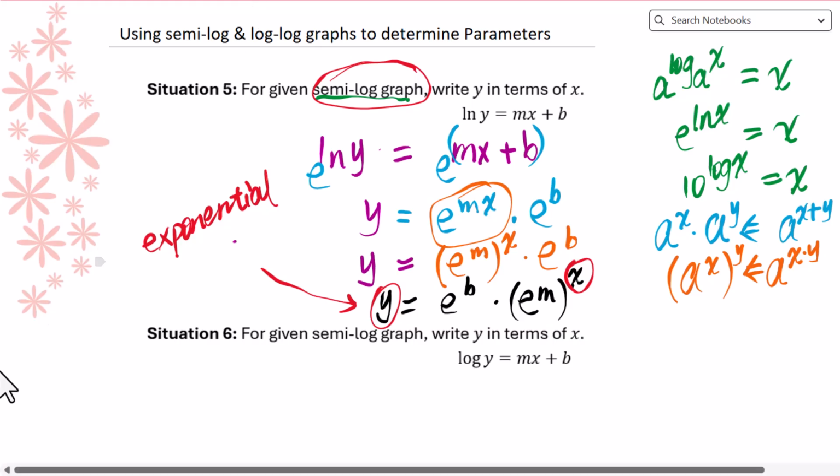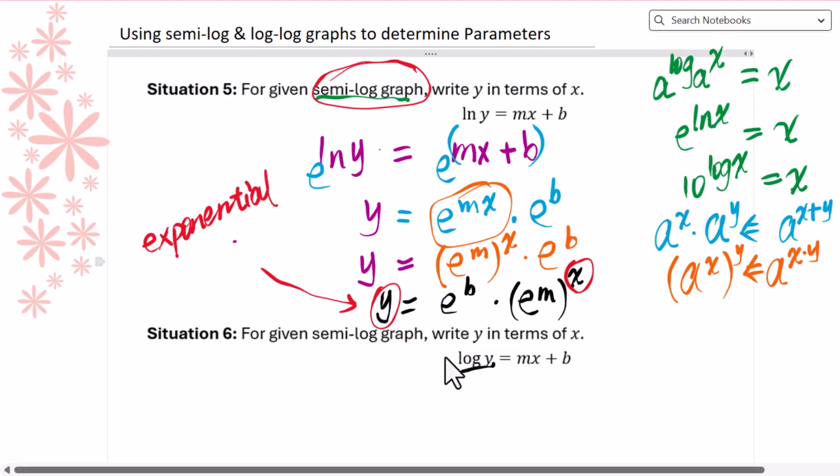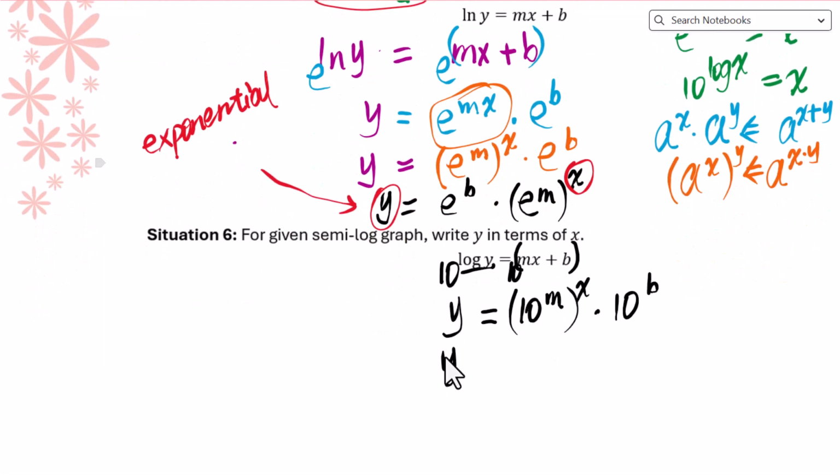Situation 6. We are also given this semi-log graph. Write y in terms of x. We are given common log instead of natural log. We use the same method as in situation 5.